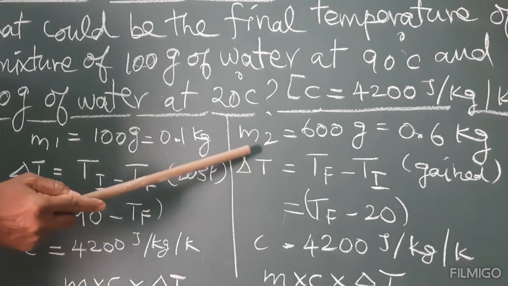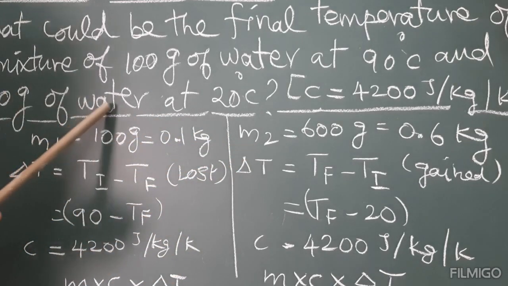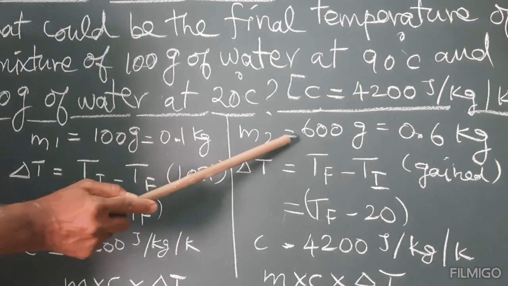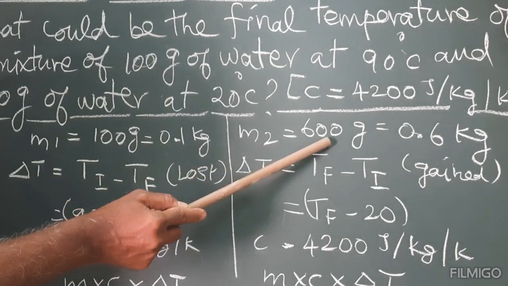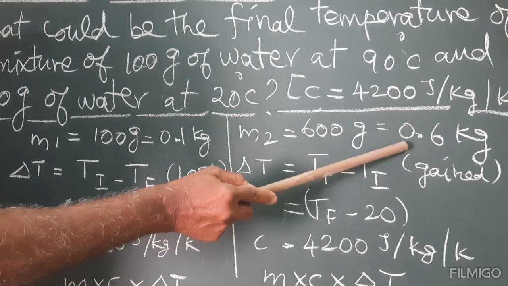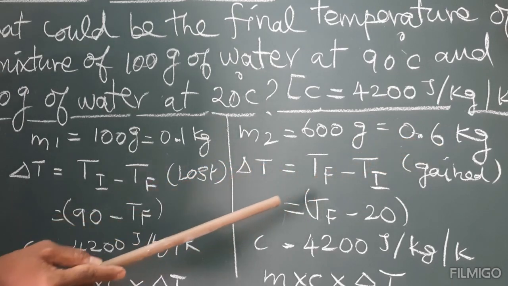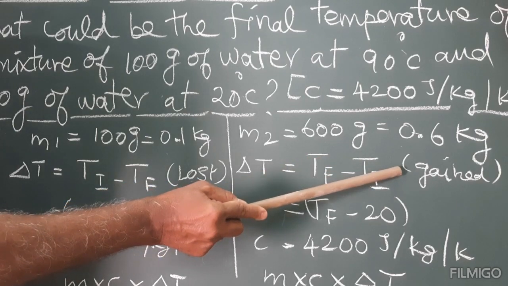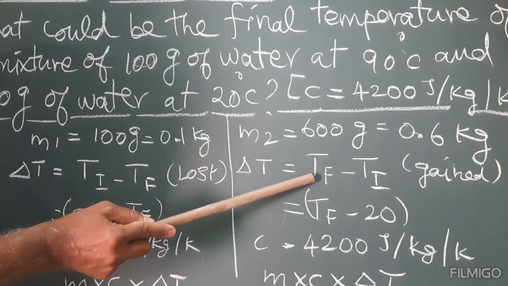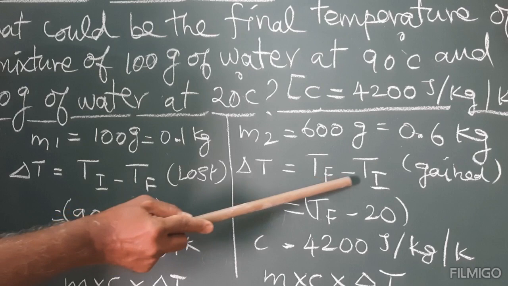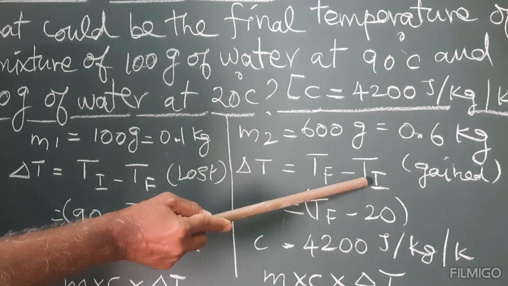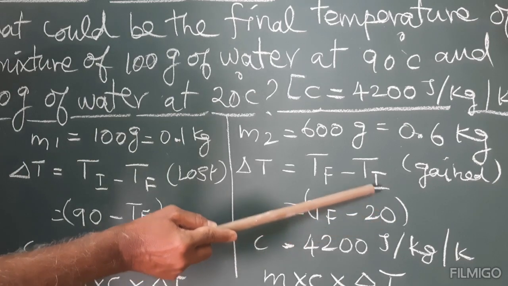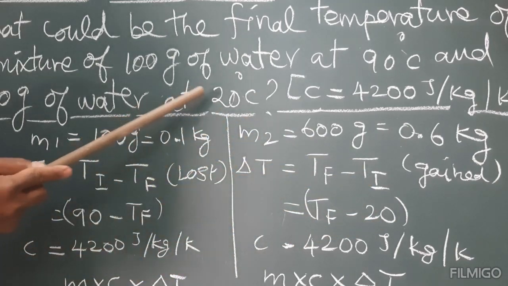Now for the information given for the 600 grams of water, the mass M2 is equal to 600 grams, and when you convert that into kilograms, that is 0.6 kilogram. For delta T here, this is heat gained, so the final temperature is taken and the initial temperature is subtracted. So Tf minus 20, since the initial temperature of the 600 grams of water is 20.